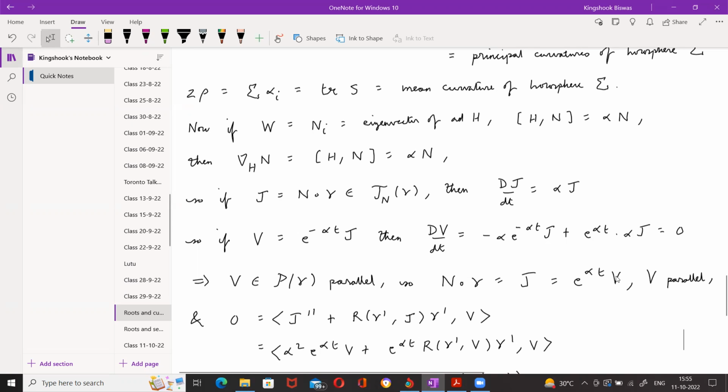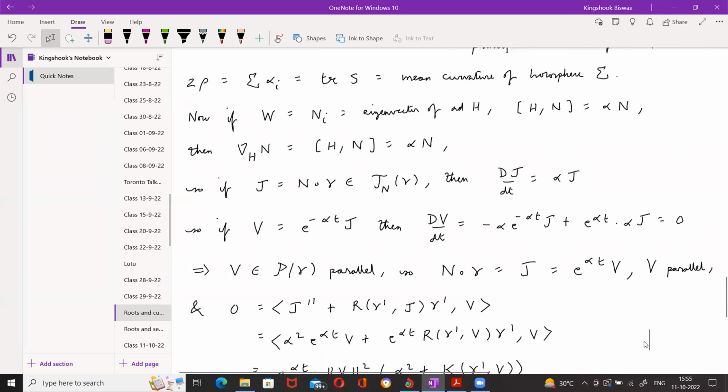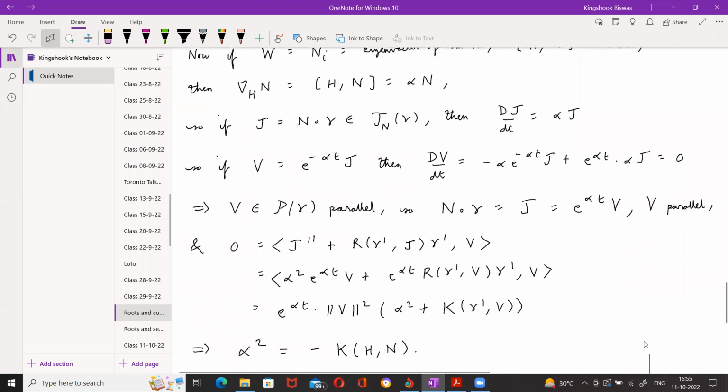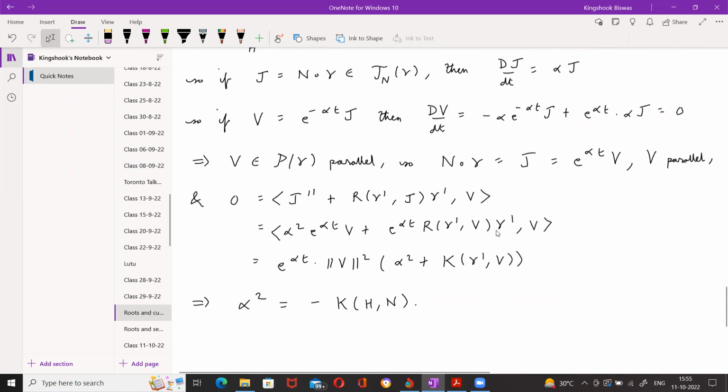J is e^(alpha t) V, where V is parallel, so J'' will be alpha squared e^(alpha t) V. And R(gamma', J)gamma': e^(alpha t) comes out and I get the inner product of R(gamma', V)gamma' with V. Here V is perpendicular to gamma', so this term is the sectional curvature K(gamma', V) times norm gamma' squared times norm V squared.